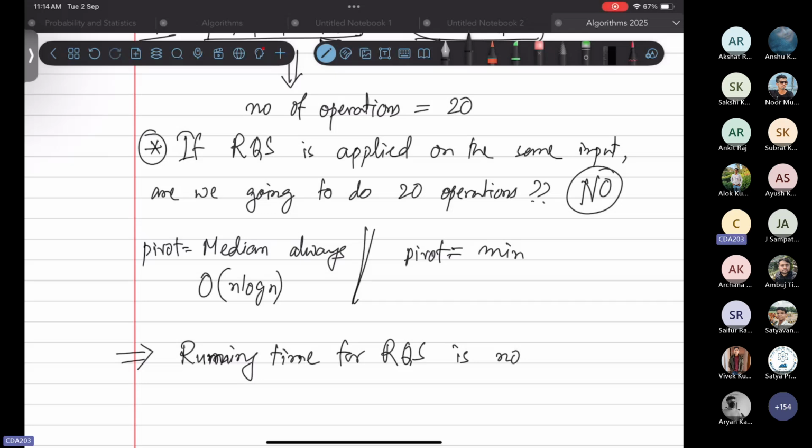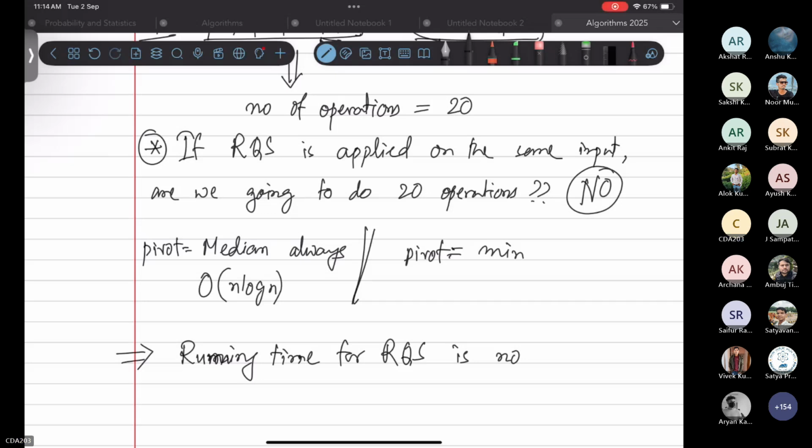So what do I have to do? If the running time is random, is there any way I can tell you the exact running time? There's no way. Rather, in these types of algorithms, we try to figure out the expected running time.